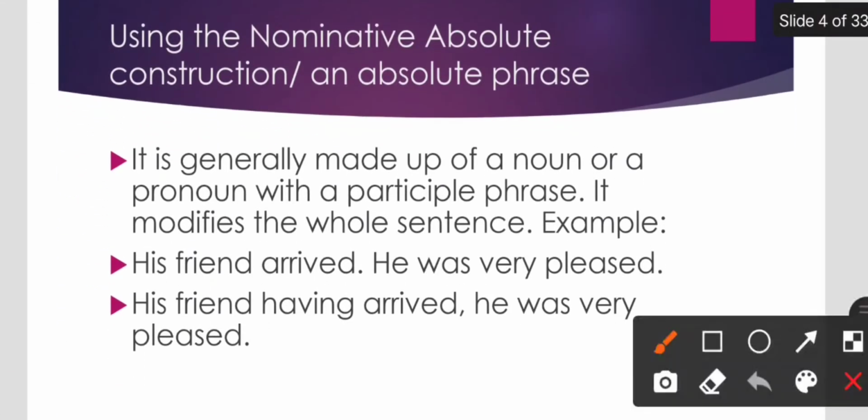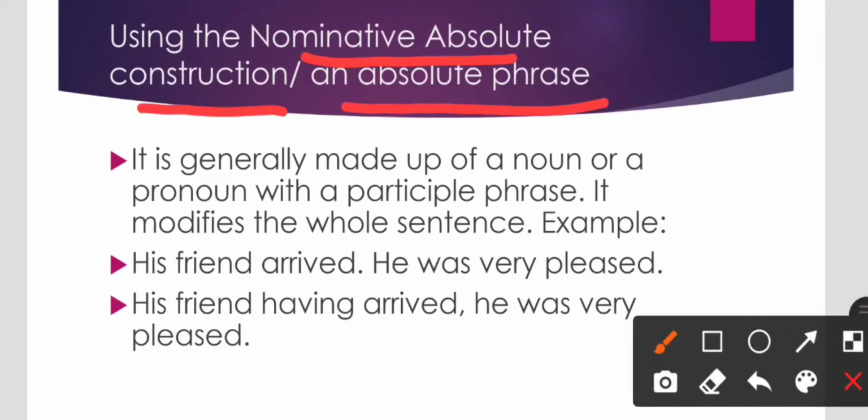Next way is to use the nominative absolute construction, or we can say an absolute phrase. What is an absolute phrase? An absolute phrase is made up of a noun or a pronoun with a participle. Remember this. It is generally made up of a noun or a pronoun with a participle phrase. It modifies the whole sentence. Remember this. His friend arrived.